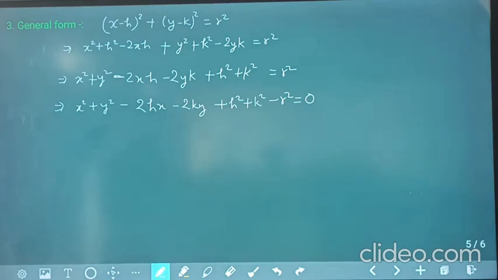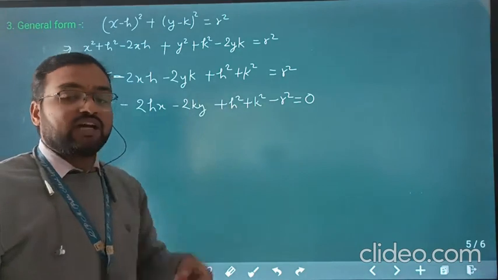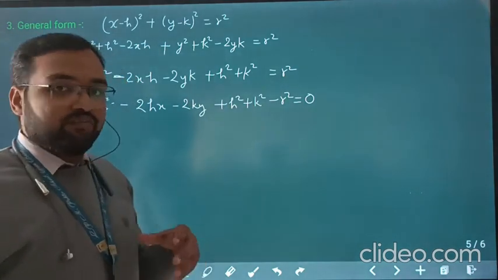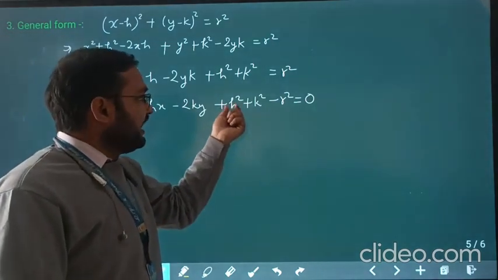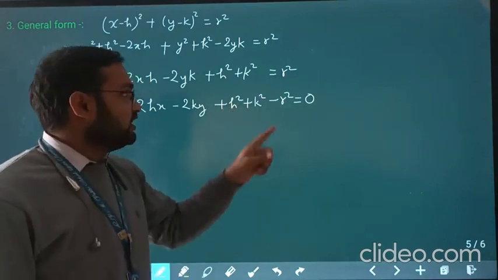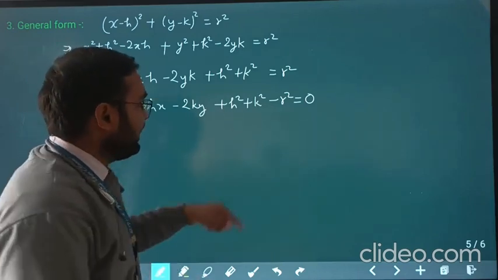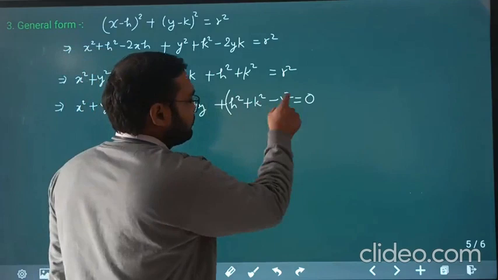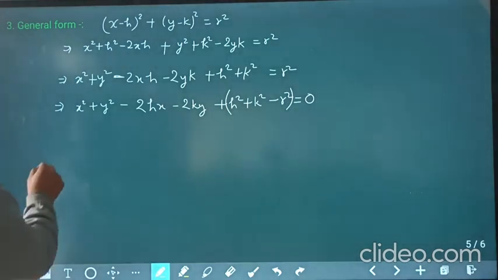Now we can see, as we know, h and k are constants, as (h, k) is any given point or coordinate, so h square and k square are also constant. The radius will also be constant. So the whole term h square plus k square minus r square will be a constant.